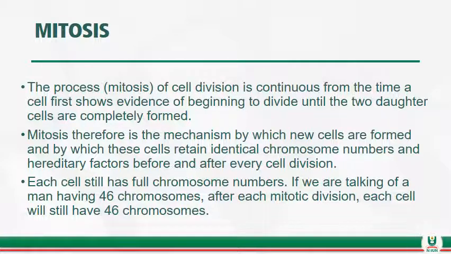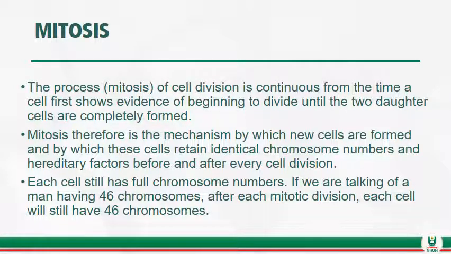This mitosis, therefore, is a mechanism by which new cells are formed and by which the cells retain identical chromosome numbers. Based on the organism, you have different chromosome numbers. In humans, for example, we have 46 chromosomes. In some plants, you have 12, some 13, depending on the organism.